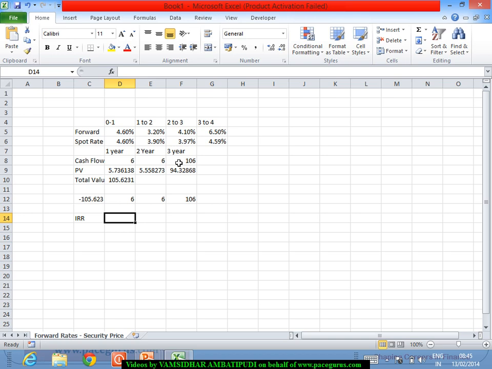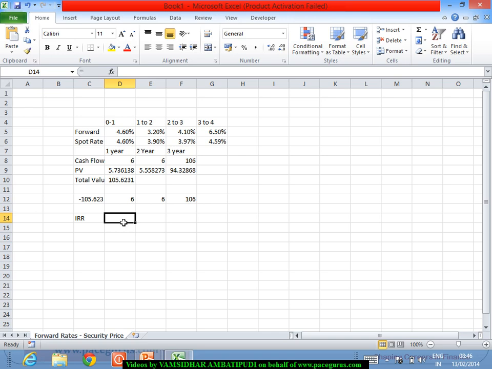Now forget about the various rates, the spot rates and forward rates, where each cash flow is discounted by a different percentage. I'm not bothered about all those things now. I'm only looking at, if I have to pay 105 today to achieve these kinds of cash flows, what is the overall return? That IRR, which we compute without considering different rates for different periods, is what we call the gross redemption yield.